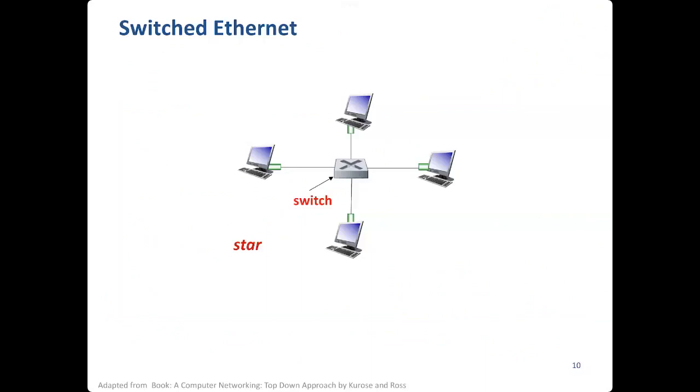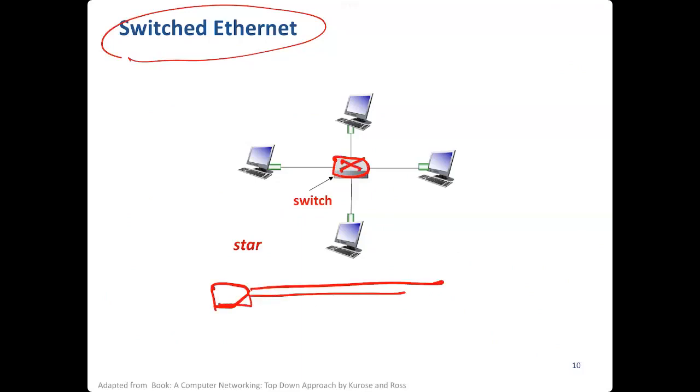So we studied about Ethernet. This is the Ethernet that we use, and we call this a switched Ethernet. There is a switch in the center. When we say in the center, essentially we are forming a star topology, but the switch can be in a corner of a building and the wires can run to different places, so it doesn't matter. It's the same structure, right?